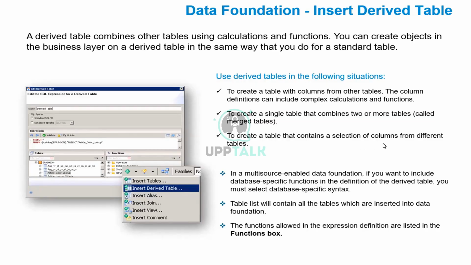To create a table that contains a selection of columns from different tables. In a multi-source enabled data foundation, if you want to include database-specific functions in the definition of the derived table, you must select database-specific syntax. If we want to use MySQL or that kind of database-specific function, we have to use that syntax.